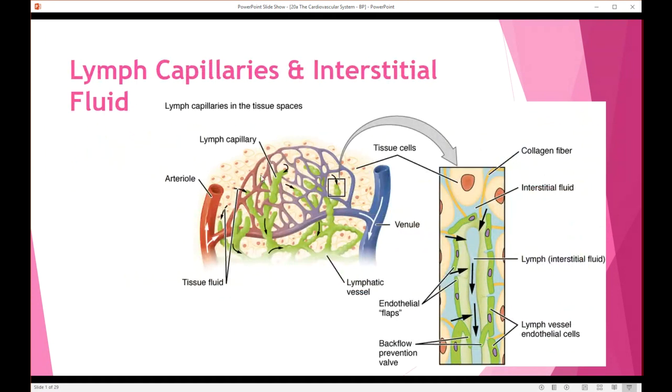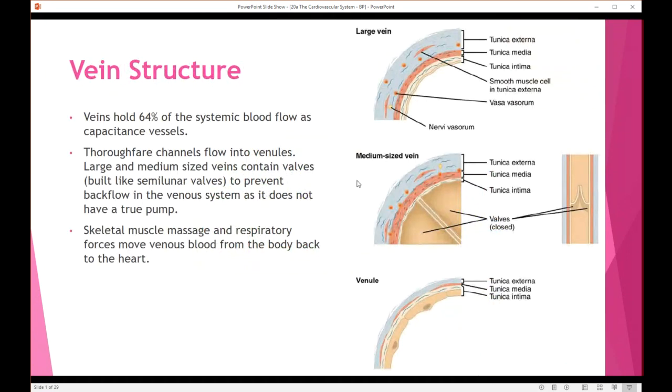This is actually how we get lymph, right? Because we get that 3 millimeters of mercury of leftover pressure and therefore leftover fluid within the interstitial fluid. That interstitial fluid, or lymph, is going to go into our lymphatic vessels that are intertwined within our capillary bed.